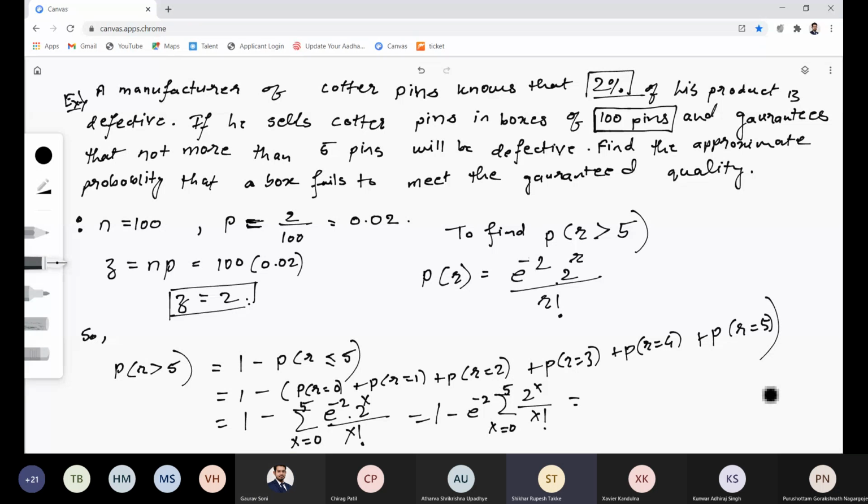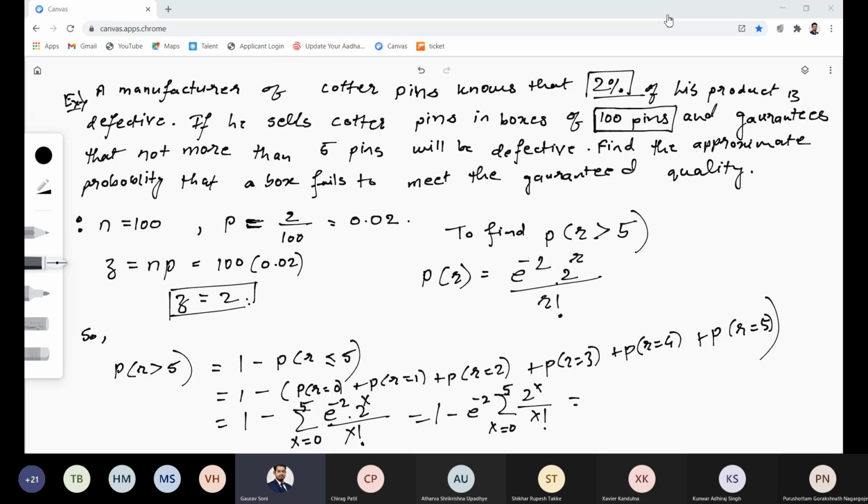Sir, 0.0165. Yes. Anyone who is not getting how to enter that summation in your calc? If you have your calc, please try it. Okay, so everyone is getting it.